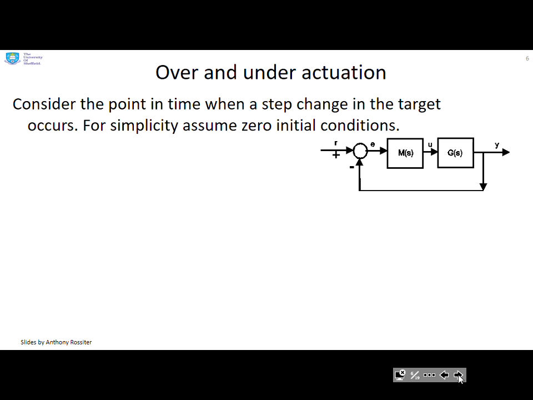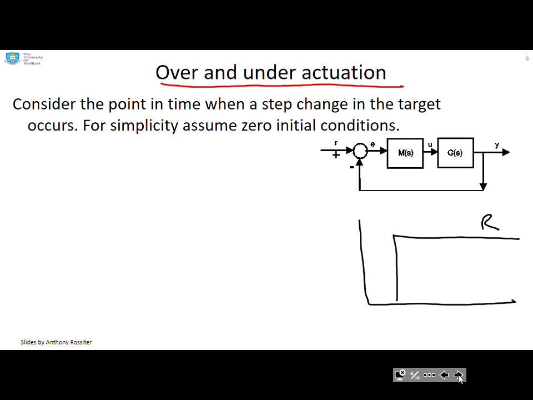Proportional design then. We want to focus on the concepts of over and under actuation, so we'll explain what we mean by that. Consider the point in time where a step change in the target happens. So what I'm going to do here is draw a target, which you can see changes from 0 to R at time, and we'll just make it t equals 0 for convenience.